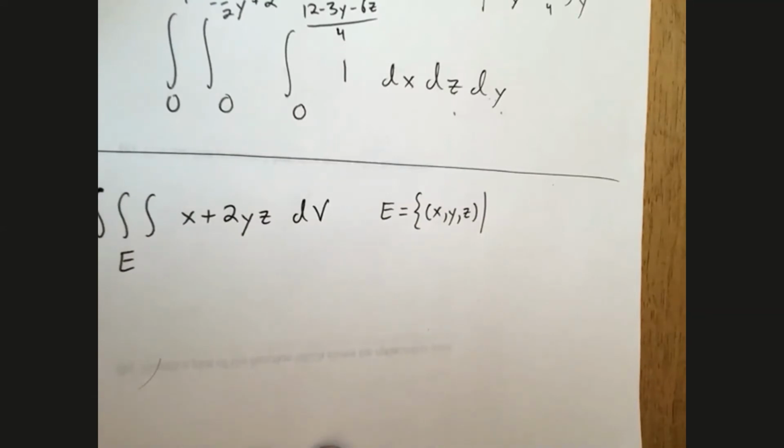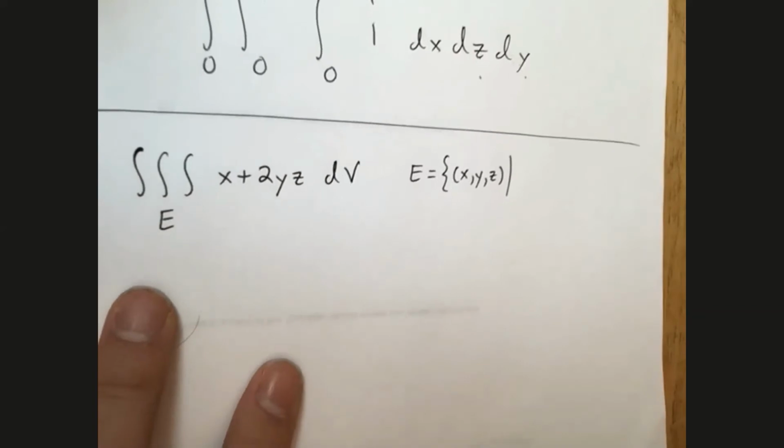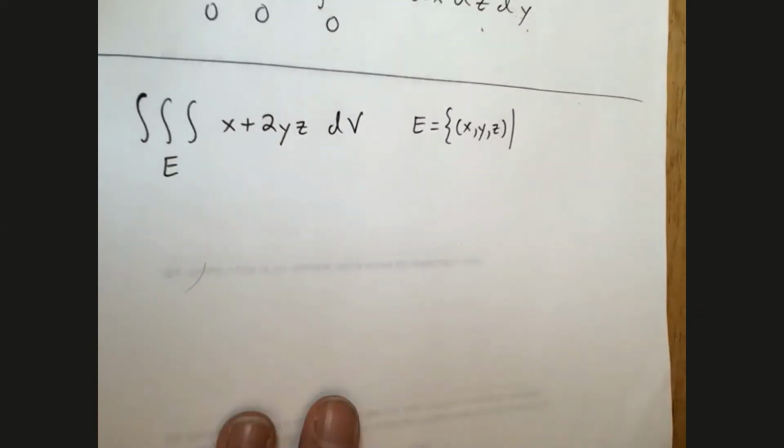So what I'm going to do is copy down this problem from the, I just found it in the book here. Can you all see the paper? Is that what you're seeing? Yeah, okay, cool. Let me just copy this down.